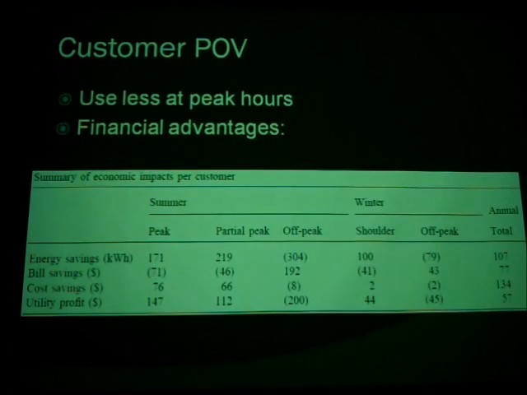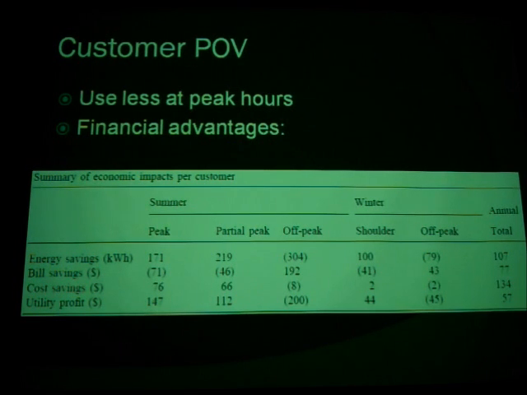From the customer point of view, with smart metering technology they can actually use less at peak hours, and there are financial advantages as shown in the table below. The energy savings is 107 kilowatt hours per year.